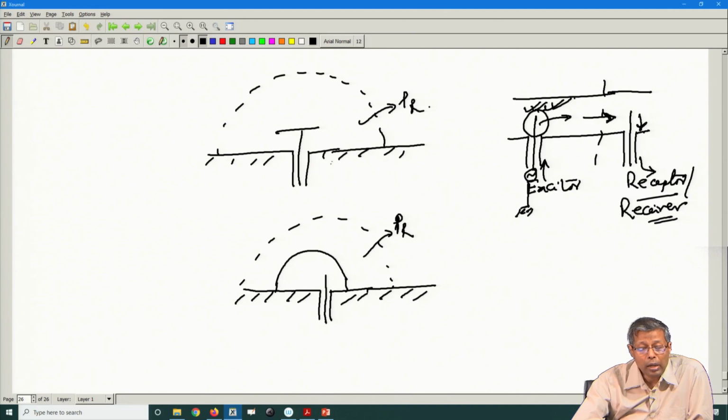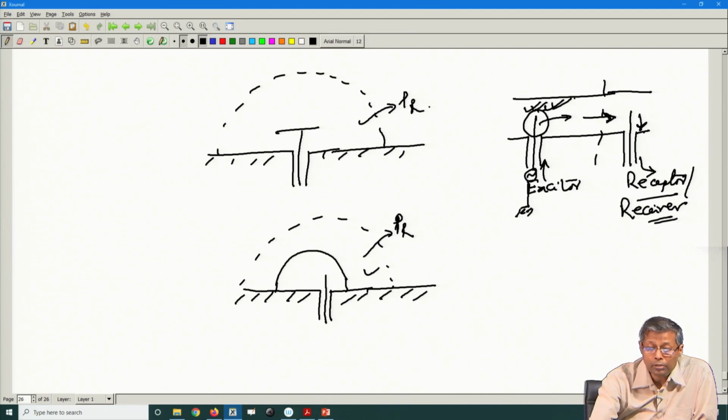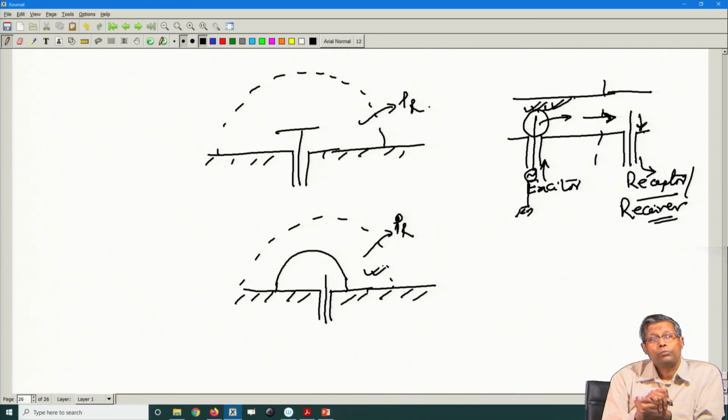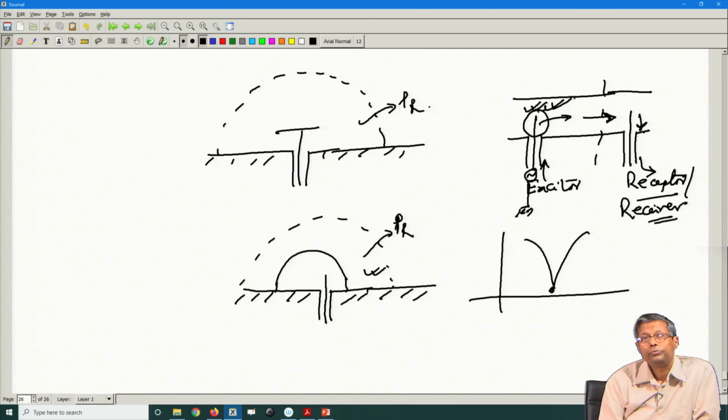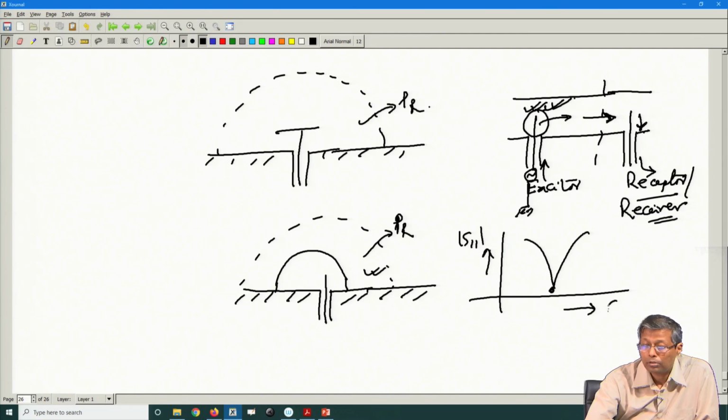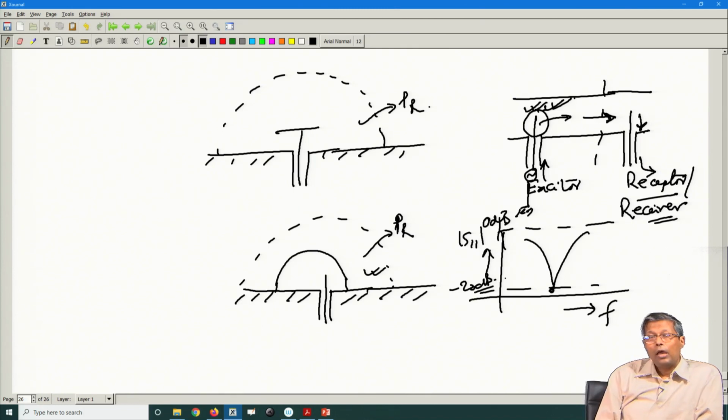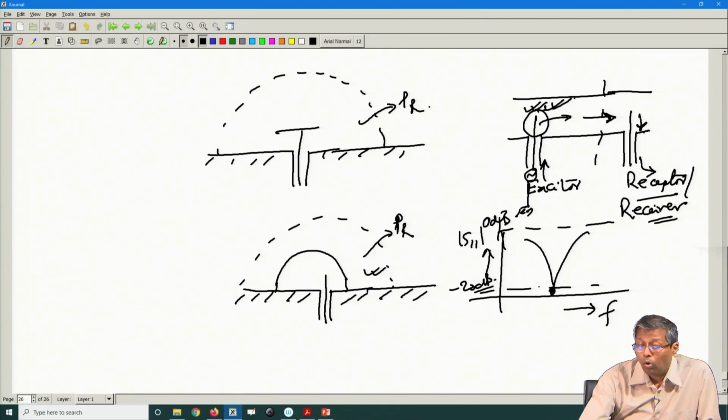In additional cases, as I said, we might have a resonance here, mod S11 versus frequency, and I may be interested to know if there are multiple modes nearby.